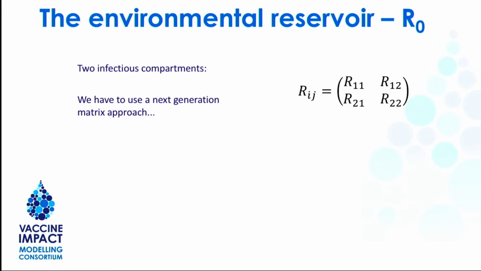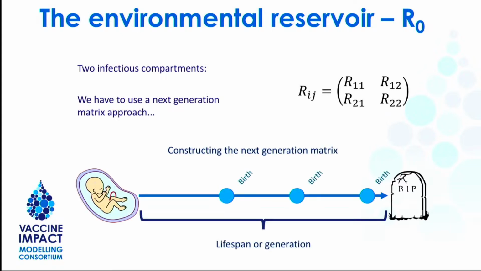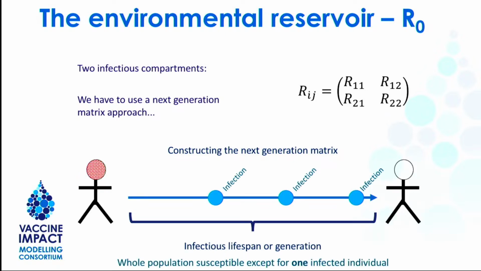What are we going to be thinking about with this? Well, we're thinking about the R0, basic reproduction number. So if you imagine someone is born, in their lifespan or generation, through their life, maybe they have children through births and then they die. We're thinking about the same sort of process with this infected person or this infectious state. So someone is infected, and over the course of their infectious lifespan or generation, they produce 3 more infections. They infect 3 more people.